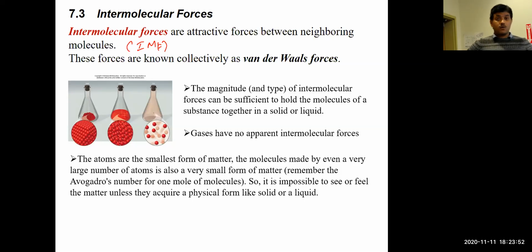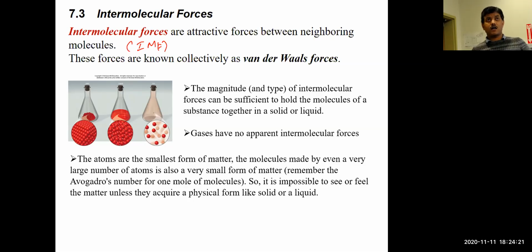When we discussed atoms in the earlier chapters, we said that atoms are the smallest form of matter, really tiny matter, with negligible mass and also negligible size, like a millionth of a meter, the size of a typical molecule. So it's pretty difficult to see with the naked eye.